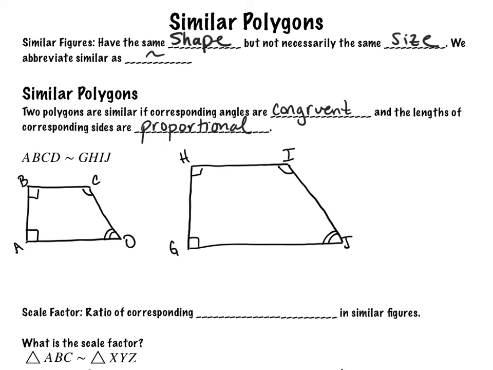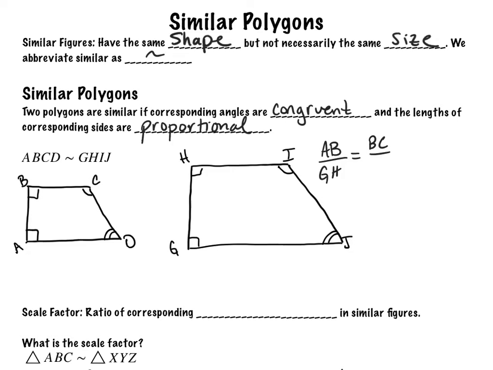So the other thing I would have is that all these corresponding side lengths are proportional. So AB, what's AB going to correspond to in the other figure? GH. If I take their two lengths, whatever that number is going to be the same for all the sides.